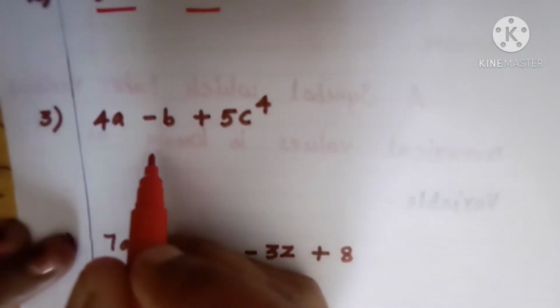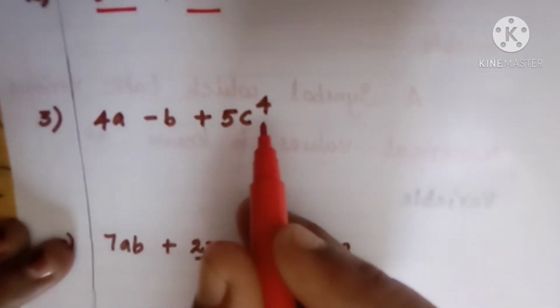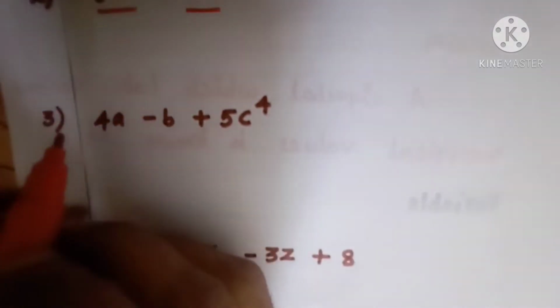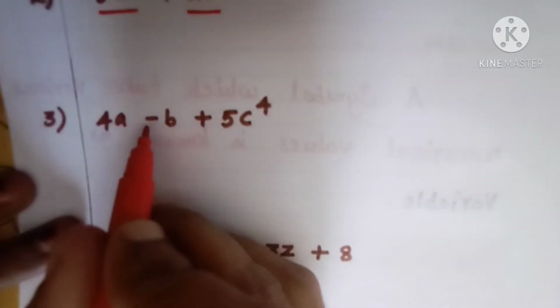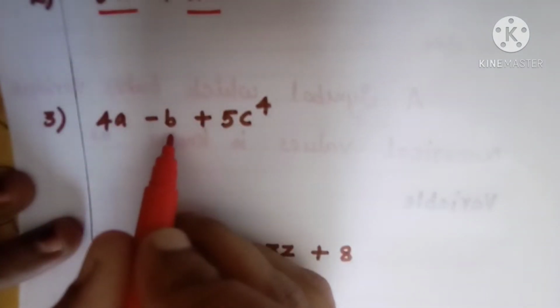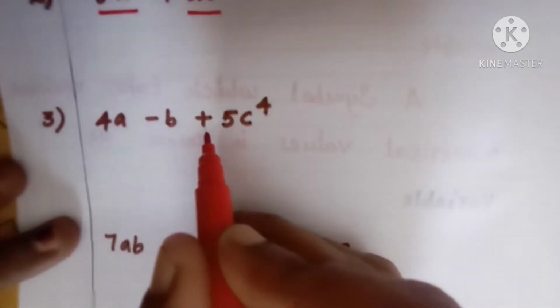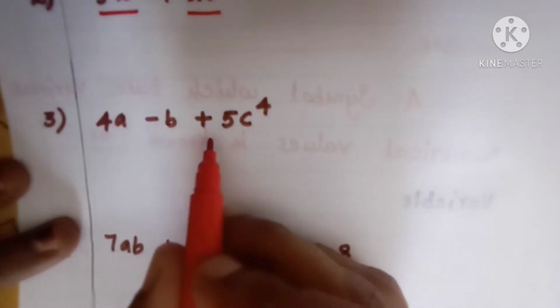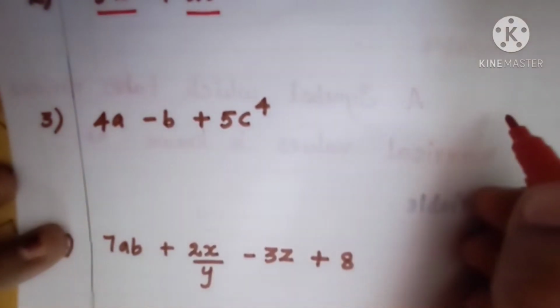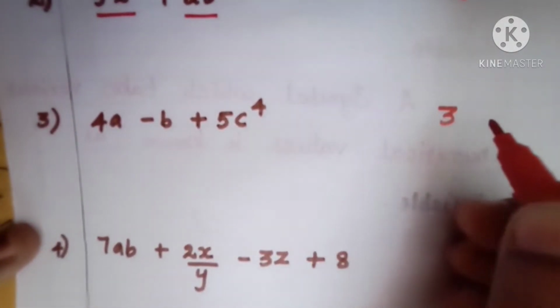Then third sum 4a minus b plus 5c power 4. Here 4a is one term and it's separated by minus. So minus b is another term and also plus. So it's separated by another term. So it has totally 3 terms.